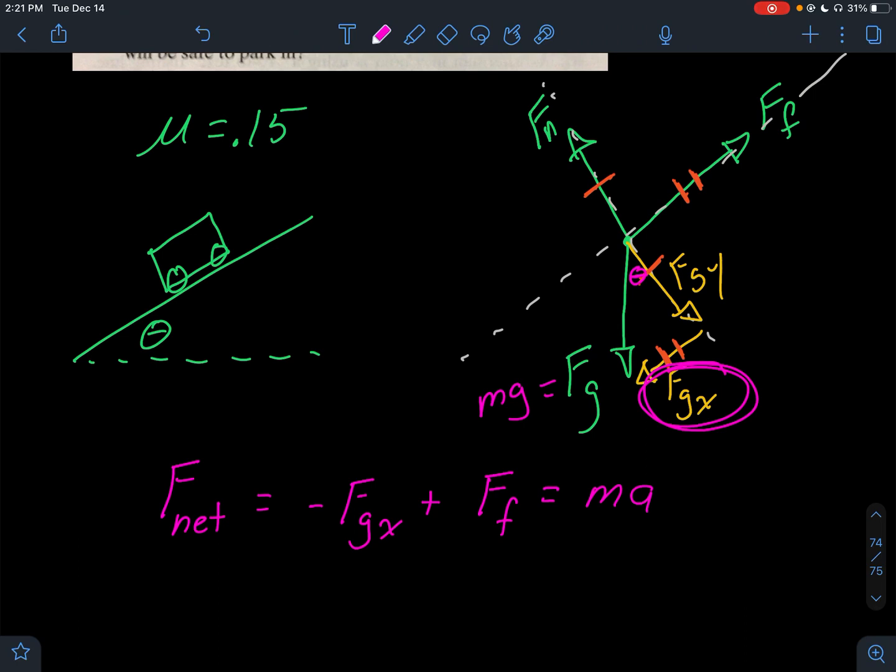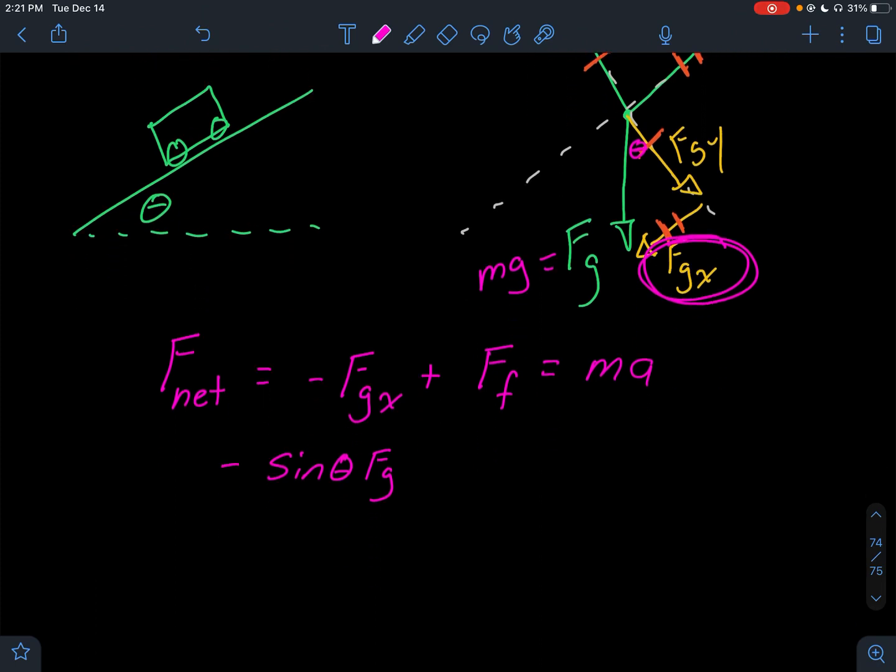So Fg of x is going to be equal to sine theta times force due to gravity. Since we know that force due to gravity is mass times acceleration due to gravity, we can go one step further and say sine theta times mg.